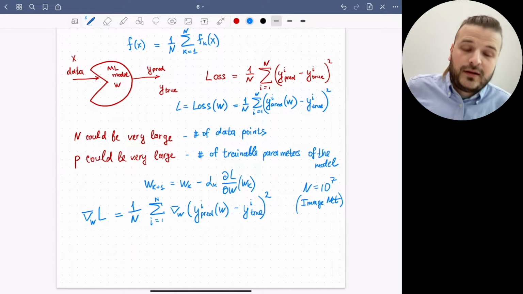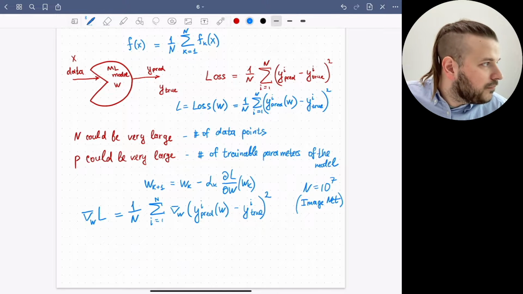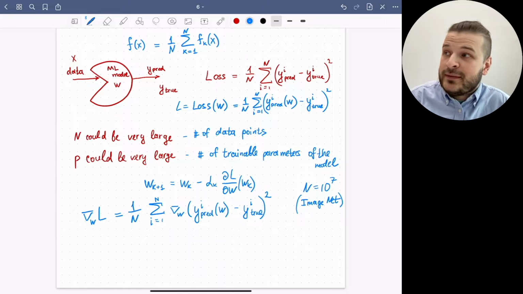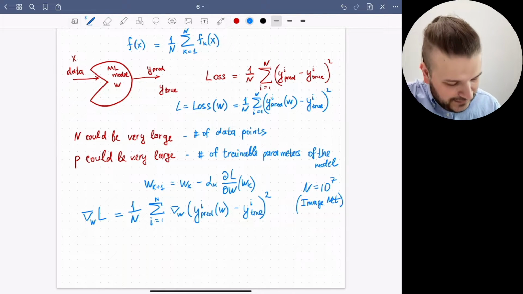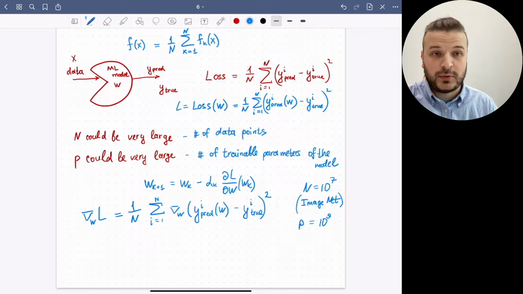And for example, if we are talking about some modern models for machine learning, the number of parameters could be really high. For example, p could be a billion without a problem.